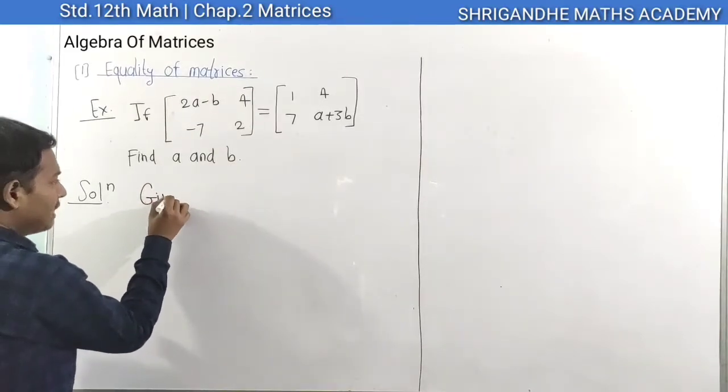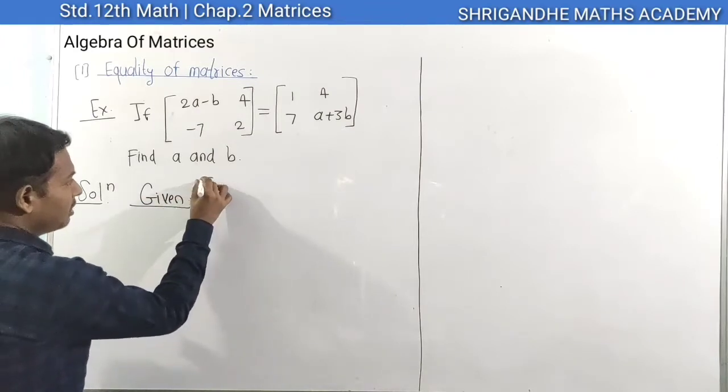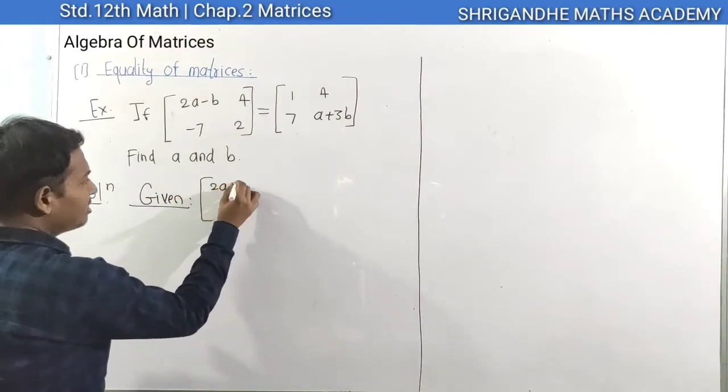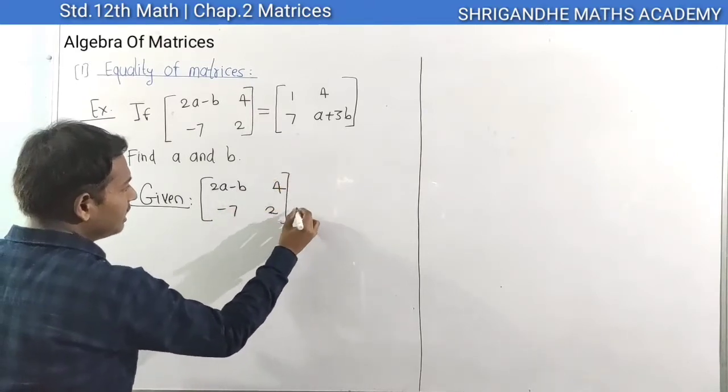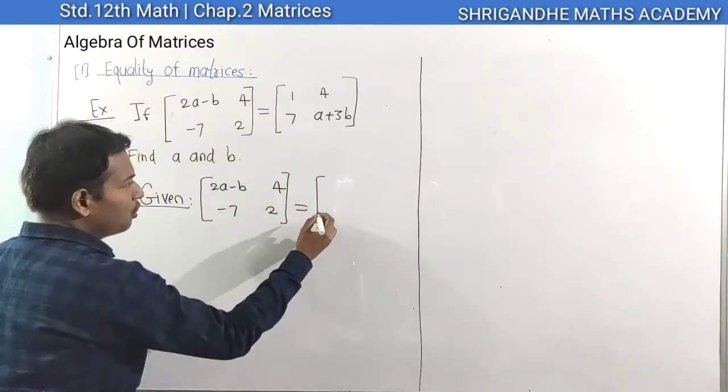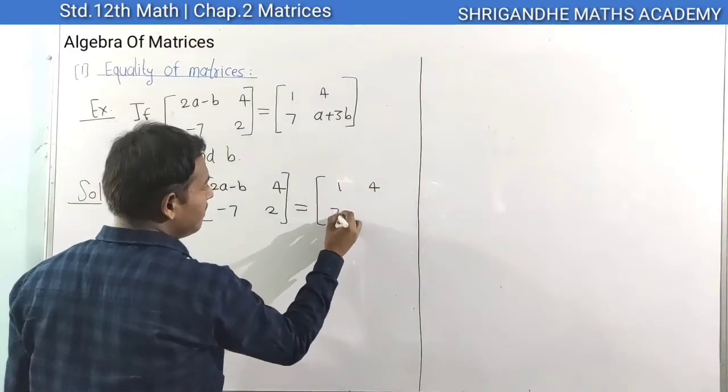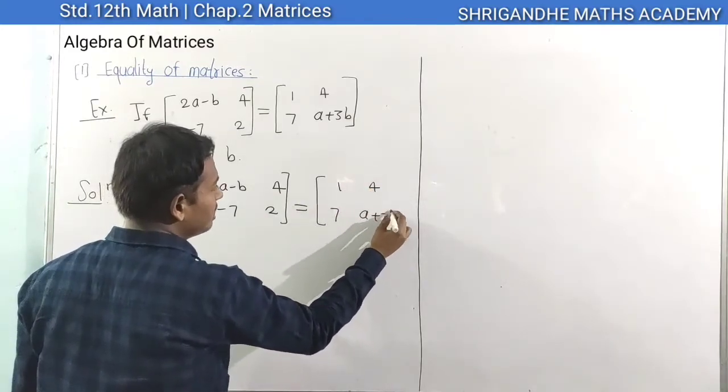First, we write down the given part. Given matrix 2A minus B, 4, minus 7, 2 is equal to matrix 1, 4, 7, A plus 3B.